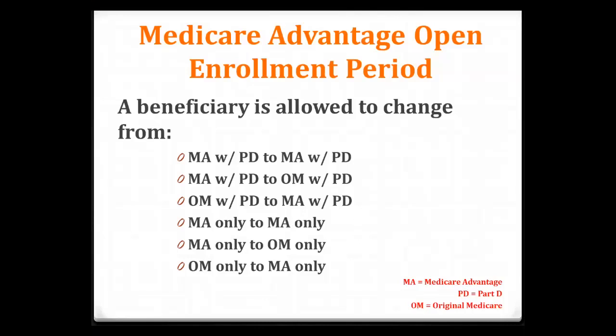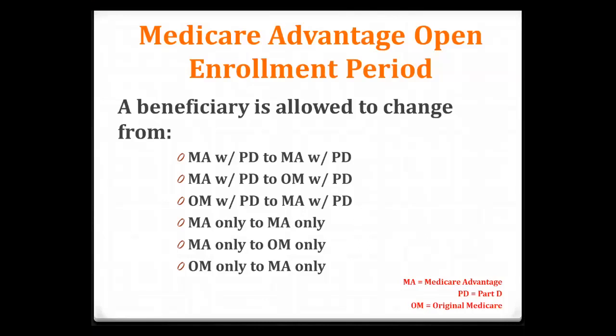Okay. And then second question. So now if someone signed up during the annual enrollment period in fall, and then for whatever reason they're not happy, it's now winter and spring, the open enrollment, can they switch even though they just signed up in fall?